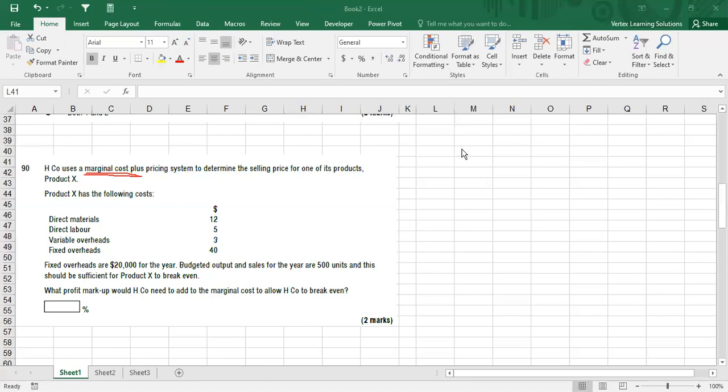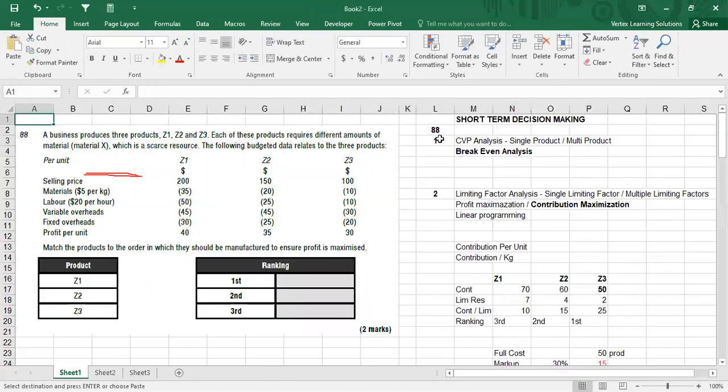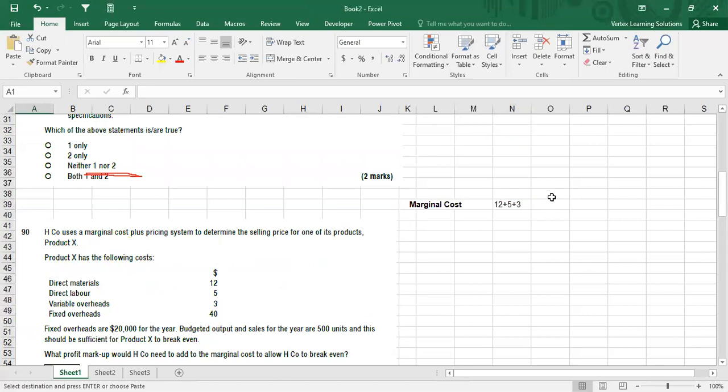So their marginal cost is equal to 12 plus 5 plus 3, which makes 20. So marginal cost is 20. And they ask what percentage markup we should add here so that we come to a selling price which will make it a break even.